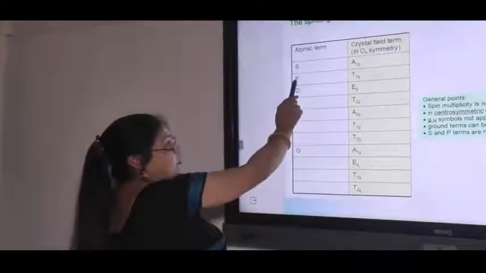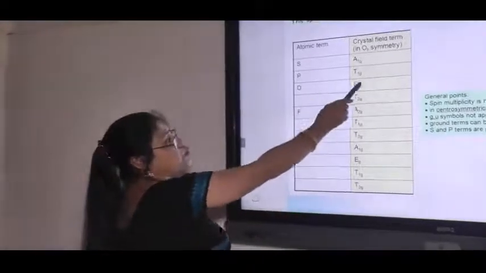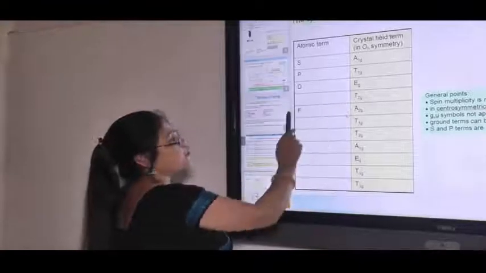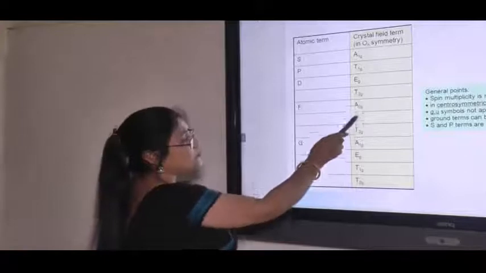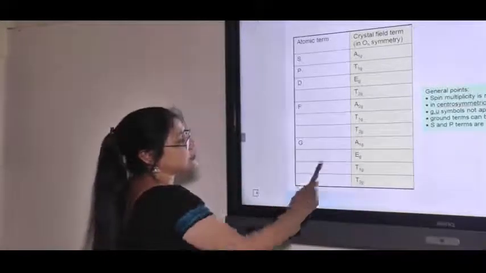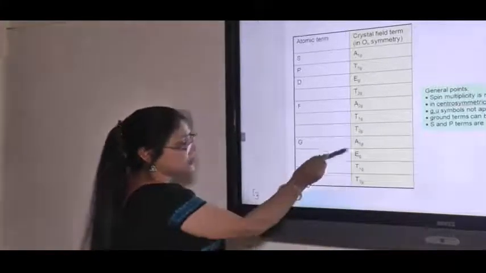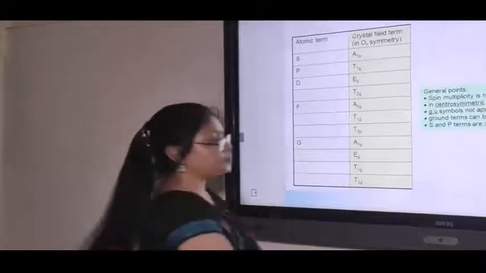But for D, there will be two splittings, Eg and T2g. If it is an F term, it undergoes three kinds of splitting, A2g, T1g, T2g. If it is G, there will be 4 splittings.